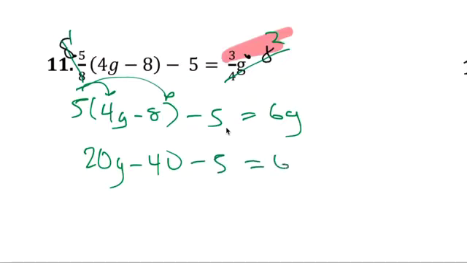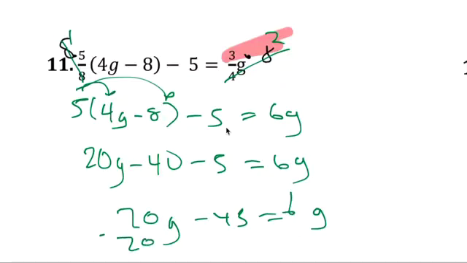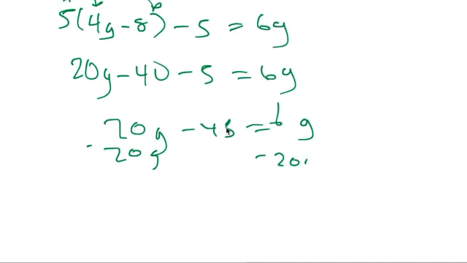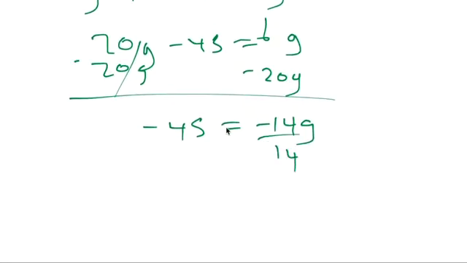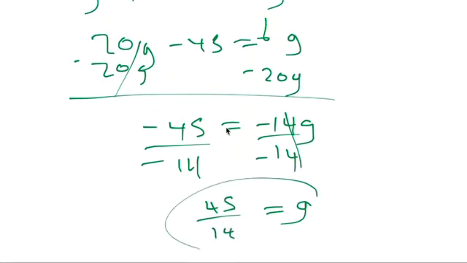Minus 5 equals 6g. 20g minus 45 equals 6g. 6g minus 20g, negative 45 equals negative 14g. Divide by negative 14. Cannot be simplified, so we just leave it like that. These 2 negatives turn this into a positive.